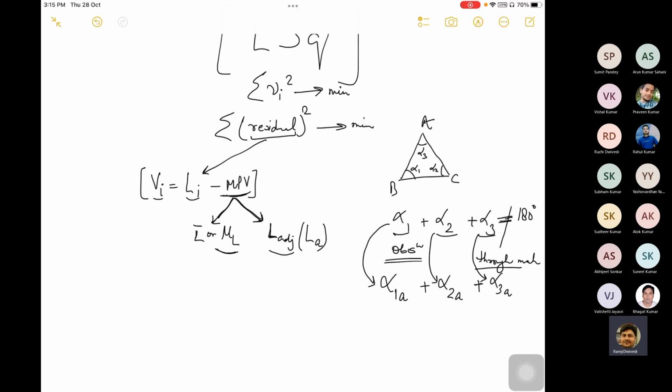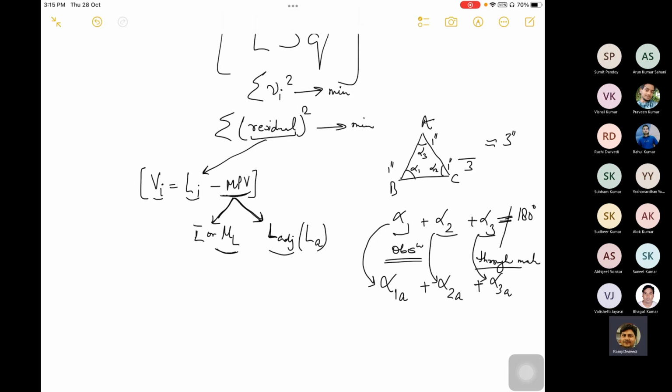Some may say if the misclosure error is 3 seconds, we distribute it equally, and a 1 second correction could be applied to all these angles. That may be one approach, but we are still not sure that this equal distribution of error is the right way of doing it or not.